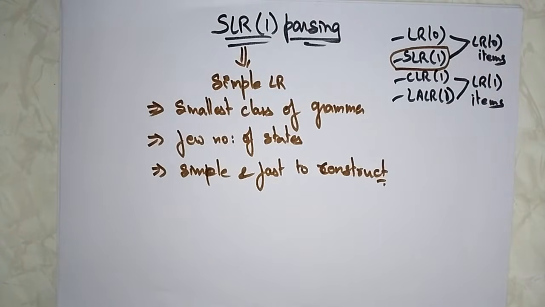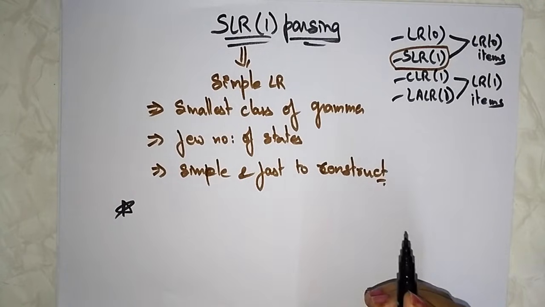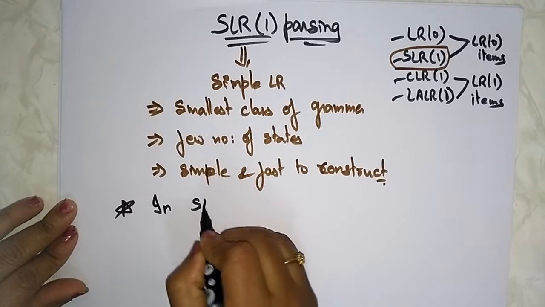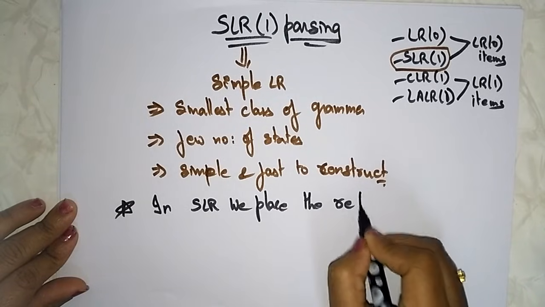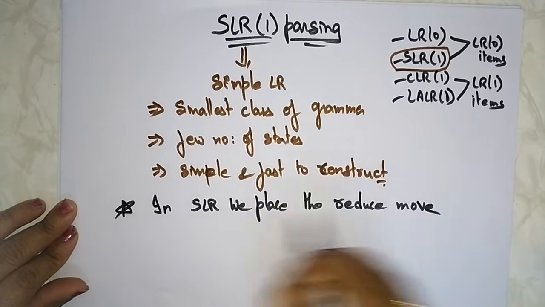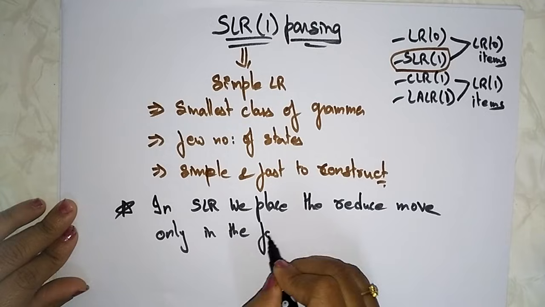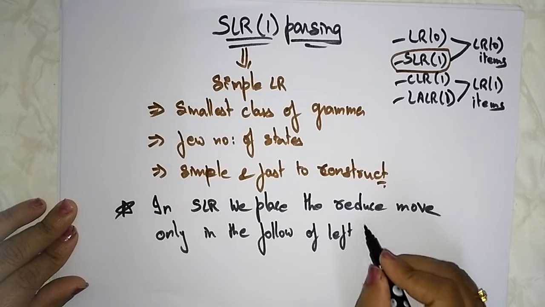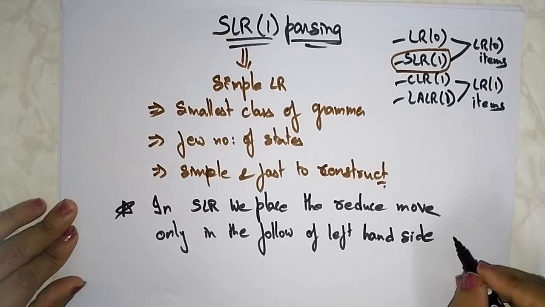Just remember this point, the main difference between LR(0) and SLR(1) in constructing the table is that in SLR, we place the reduce move only in the follow of the left hand side, not in the entire row.